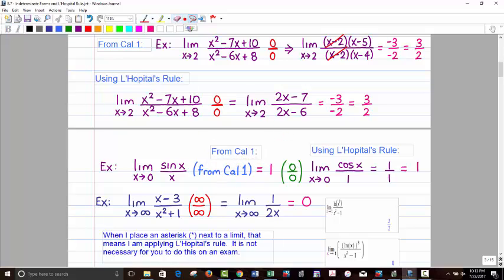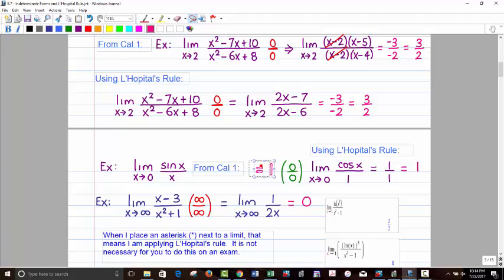Now, when I teach this, I always show, either by graphing or table of values or something like that, some method, because there's not really an algebraic method for this one. You can't factor and cancel or anything like that, but you can easily do it graphically or with a numerical table of values.